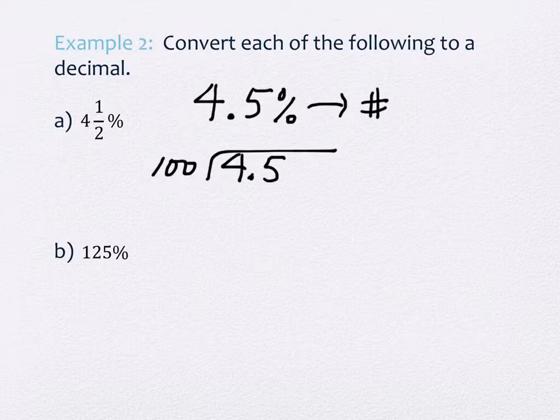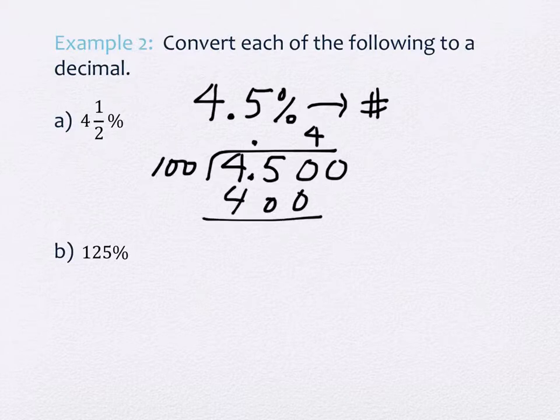We should be able to do this division pretty much okay on ourselves too, though, right? So the decimal point comes up here, and then we would look at it and say, oh, look, I need to have my 4 over here. So 4 times 100 is 400. There we go. There's a 0 there. And then I've got 50 left over. I need another 0, and then I need 5 times 100 to give me 50.